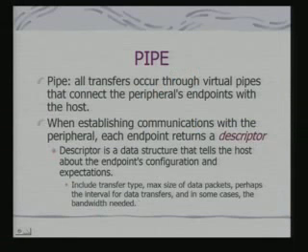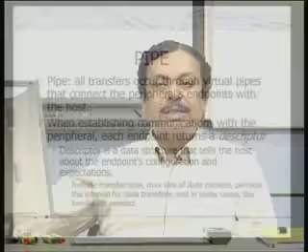In fact, all transactions take place through pipes. Pipes are like virtual connectors between the peripherals' endpoints and the host. Why is it a virtual connector? Because the path can go through a hub, but logically there is only a single connection or pipe between the device and the host.